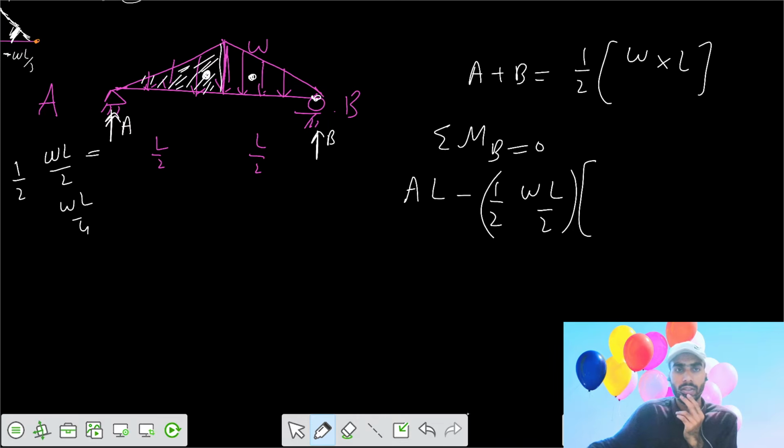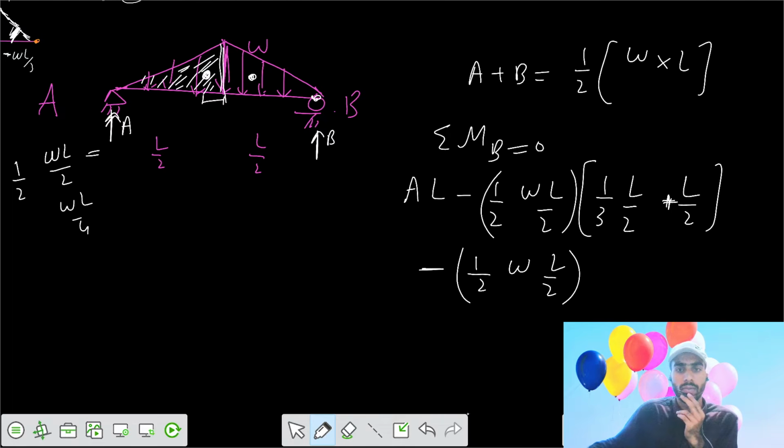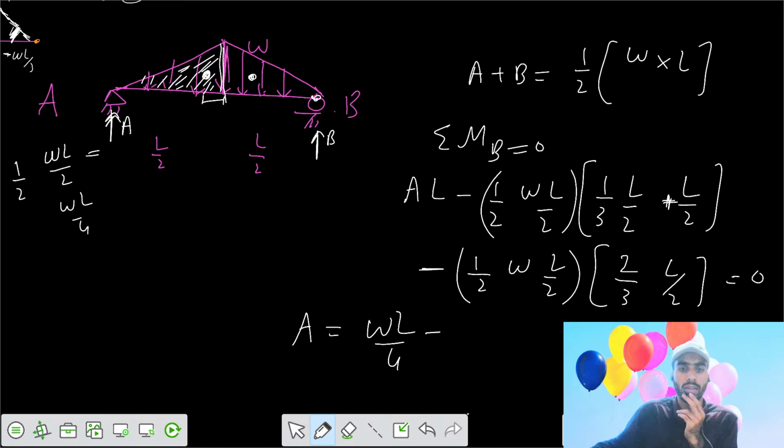This acts at a distance of 1 by 3rd of L by 2 plus this length L by 2. Then the effect of this triangle, also 1 by 2 W L by 2, acts at a distance of 2 by 3rd of L by 2, equals 0. Then you can calculate the value of the reaction, which will be WL by 4. Similarly, that is also reaction B.